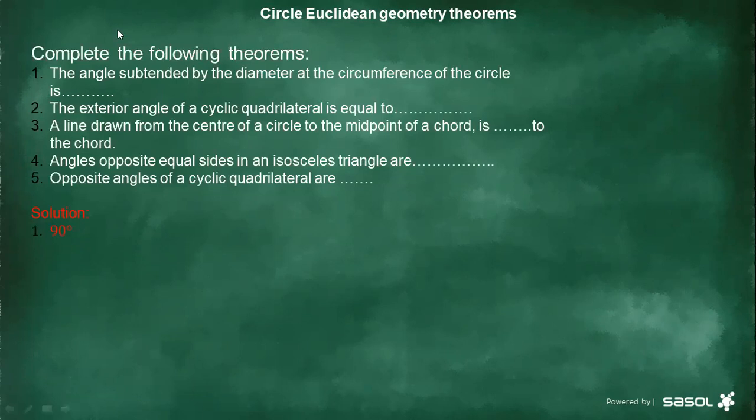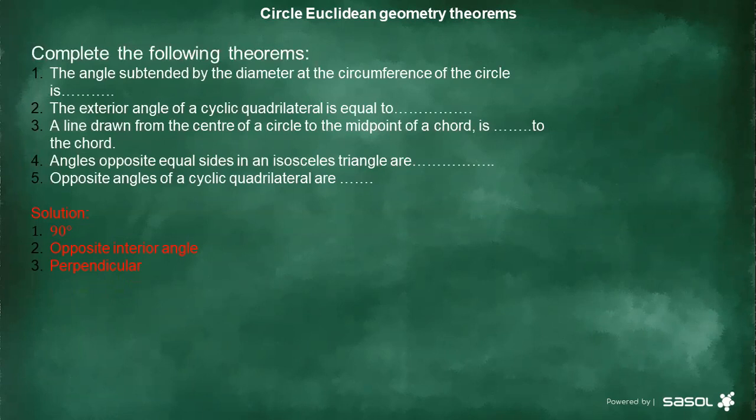All right. Number 2, it says the exterior angle of a cyclic quad is equal to the opposite interior angle. The third question says a line drawn from the center of a circle to the midpoint of a chord is perpendicular to the chord, right?